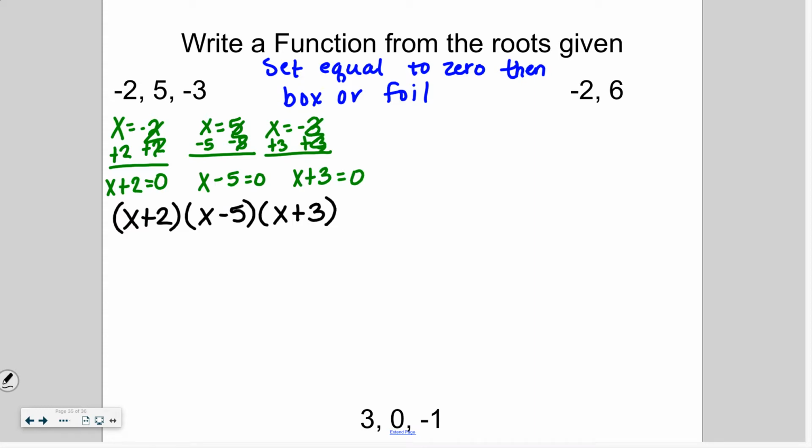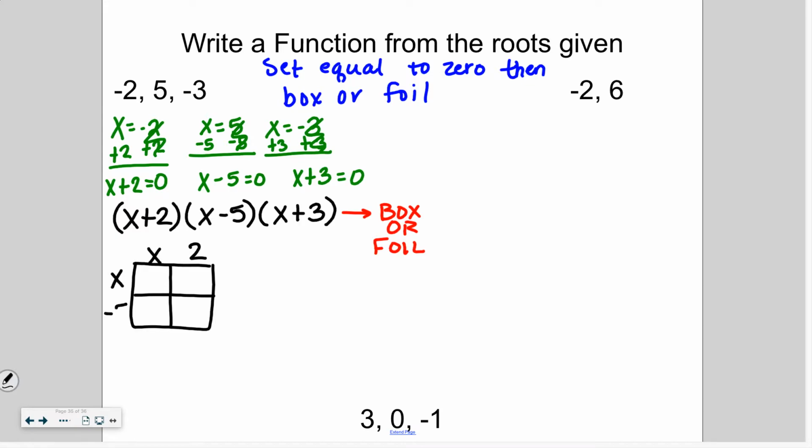Okay? At this point, I'm just going to box or FOIL. I'm going to do both methods for you so that way you can see. So box or FOIL from here. All right, so first I'm going to do the box method. So I'm just going to take the first two and I'm going to multiply them. So I have x and 2 and x and -5.